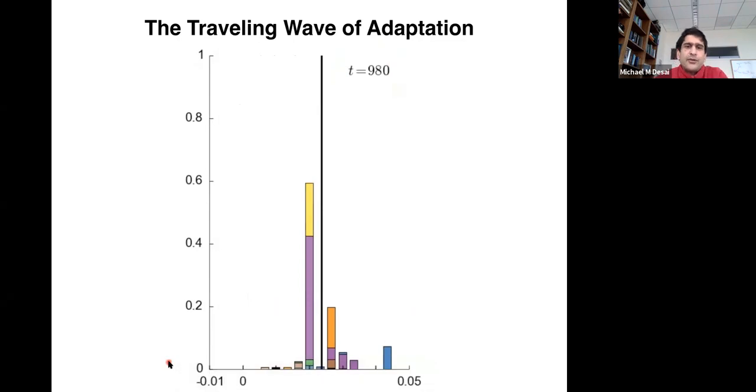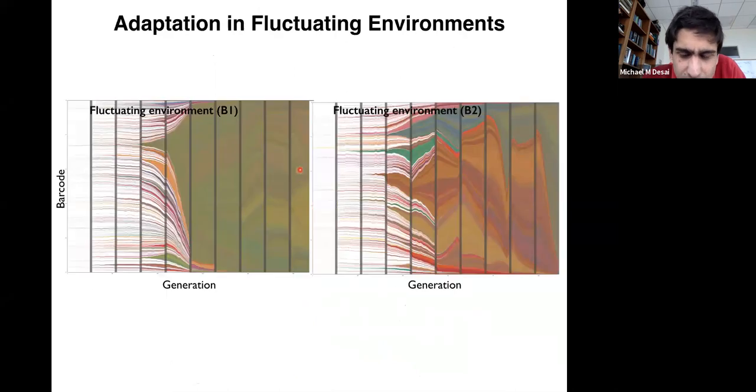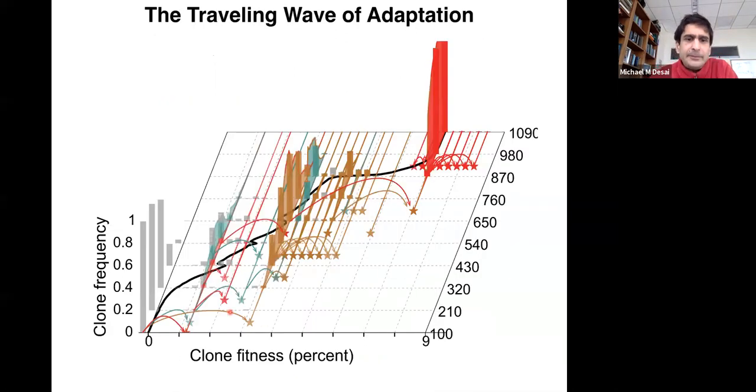Another way to visualize this is like this. If I'm looking at the fitness axis here and time going back, what we see is, initially you have some clonal population, and numerous new mutations arise.